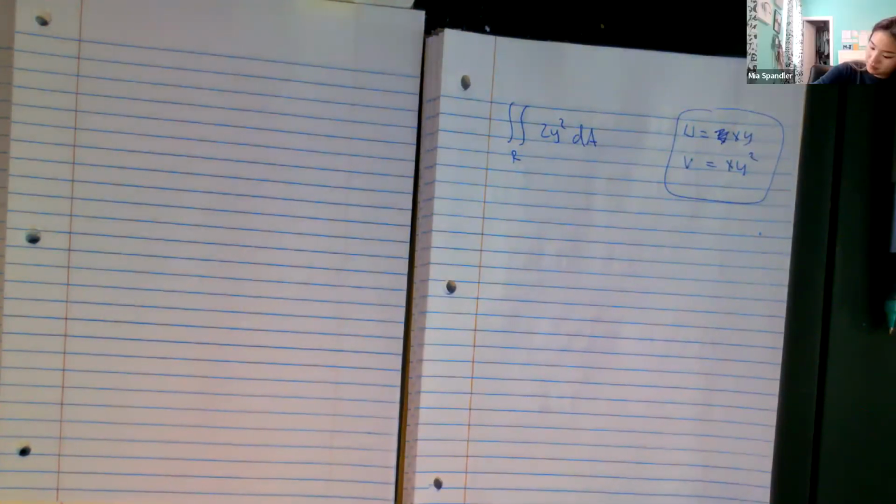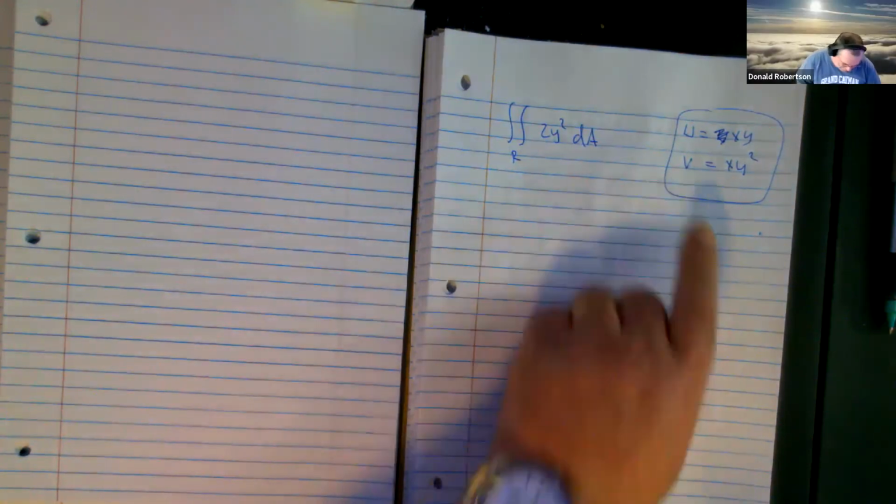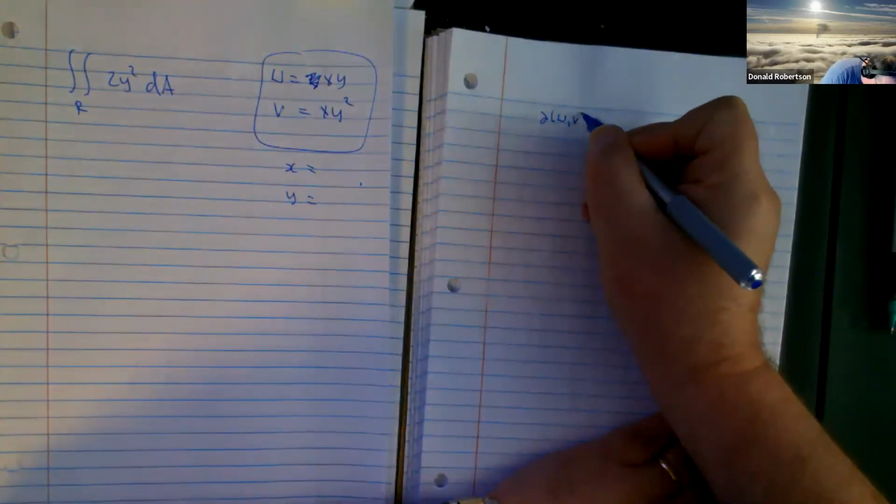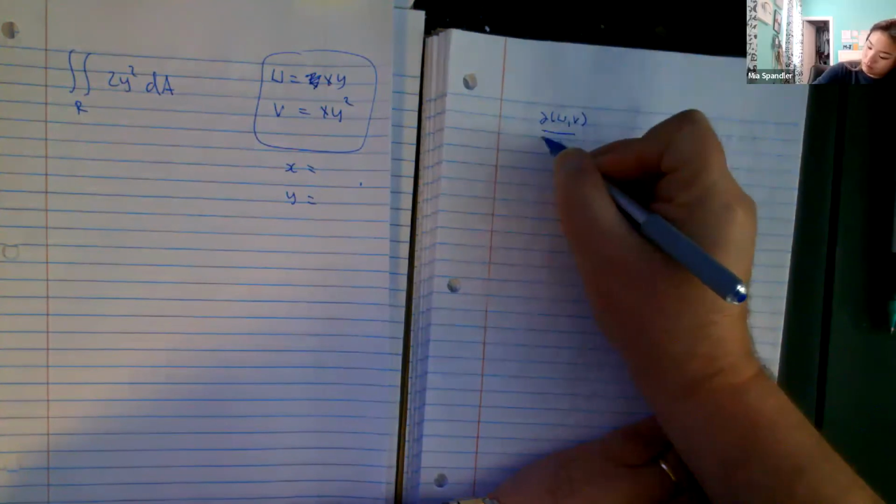Yes. Okay, so we really need to rearrange these, because what we want is x and y in terms of u and v. We can do the Jacobian, but there is a shortcut: you can find this Jacobian and then just turn it upside down.